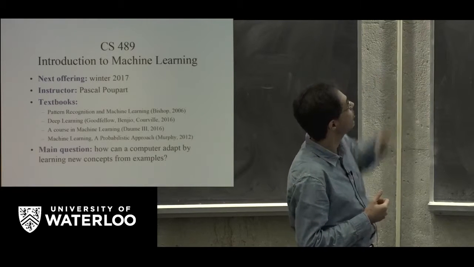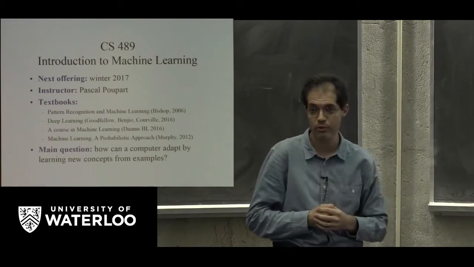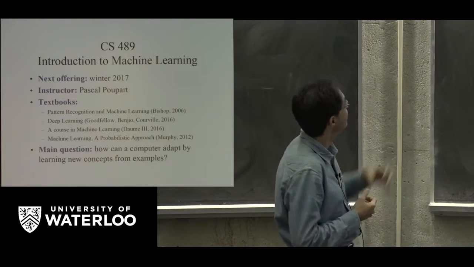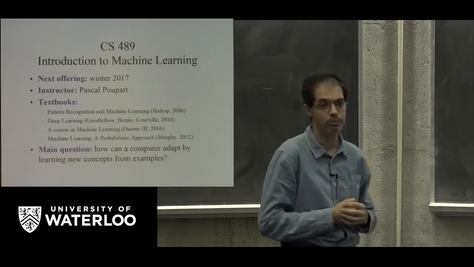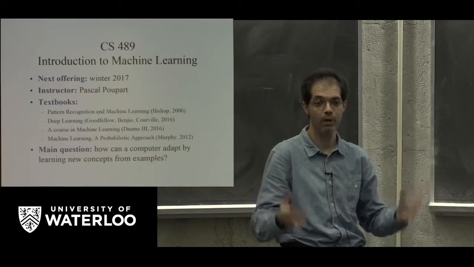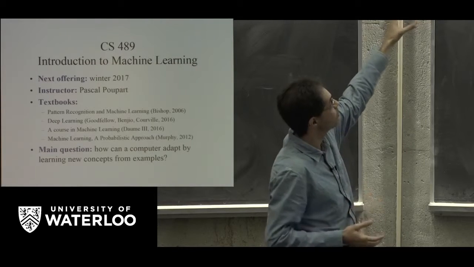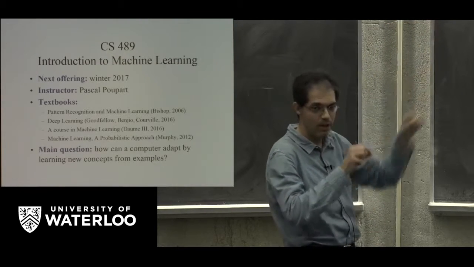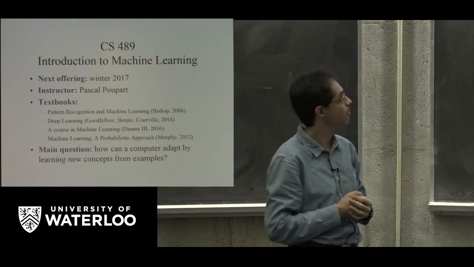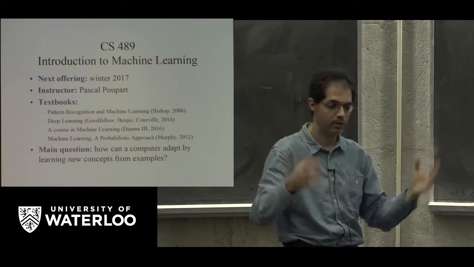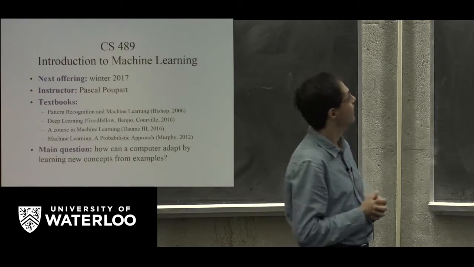There's another one called A Course in Machine Learning that's also very new and very high level, so it's easy to read. And then there's another one, Machine Learning: A Probabilistic Approach, which is very comprehensive but quite mathematical, so we're going to make use of that one too. So in any case, for this course, we'll simply be picking here and there what is important, and then I'll be providing some slides for the main material. Okay.